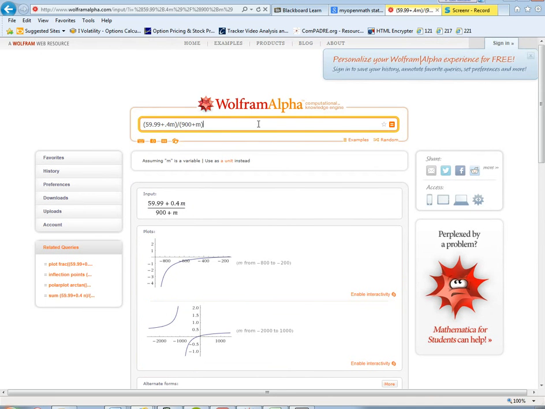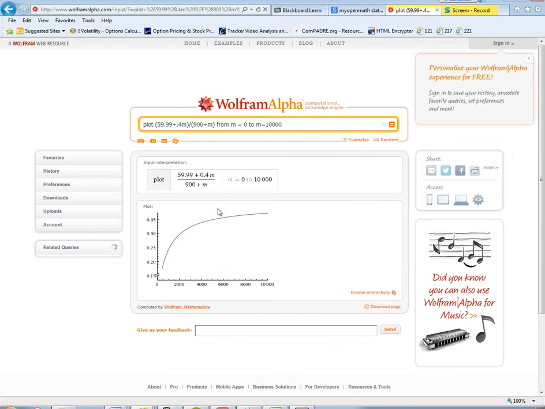So let's do this. At the very beginning, I'm going to write plot, and I want to plot this function from m equals 0 to m equals, let's say theoretically 10,000 overage minutes. Now that would mean you probably are talking too much, but let's just take a look at what this would indicate.